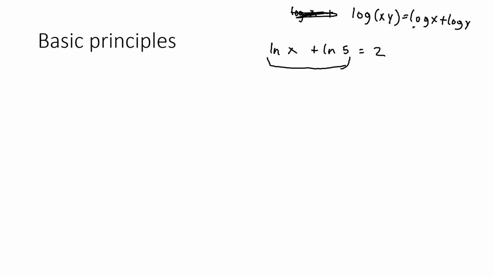Because we're adding, that means we're going to take the two arguments and multiply them under a single log. So in this case, we would multiply the x and the 5 under a single log. So this is what the new problem would look like. Now it's ready for exponentiation, but the main idea is to make sure that you get whatever you're going to exponentiate or take a log of by itself.